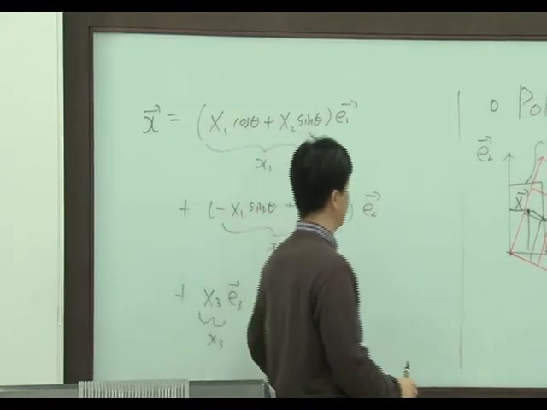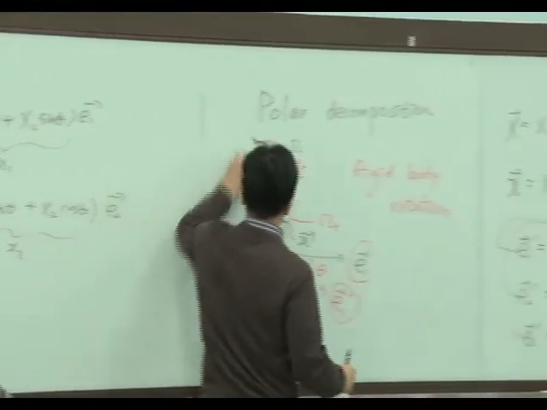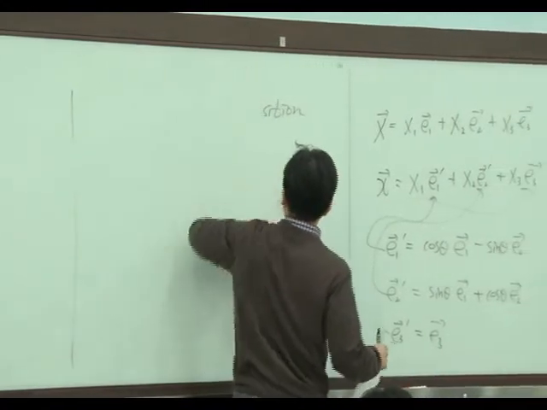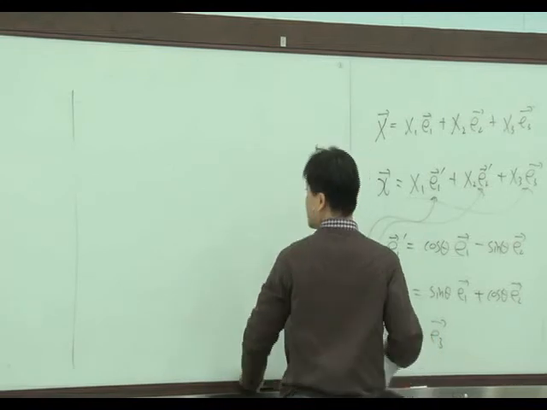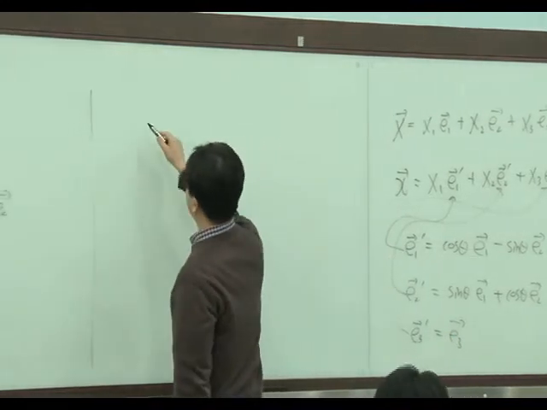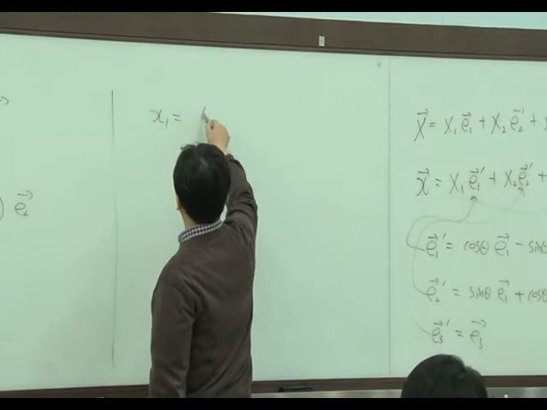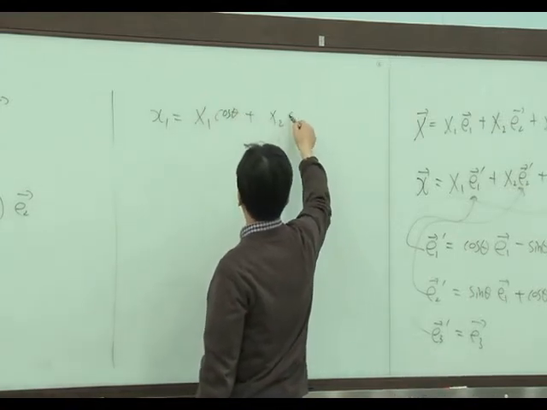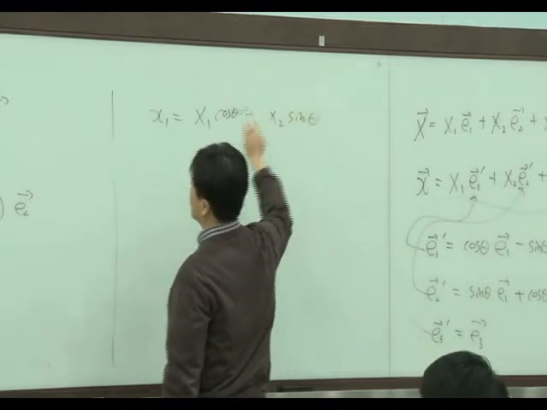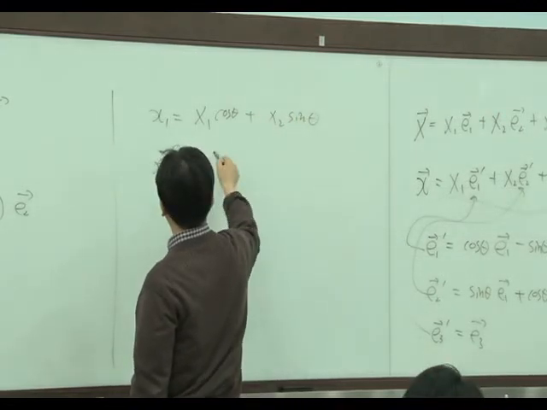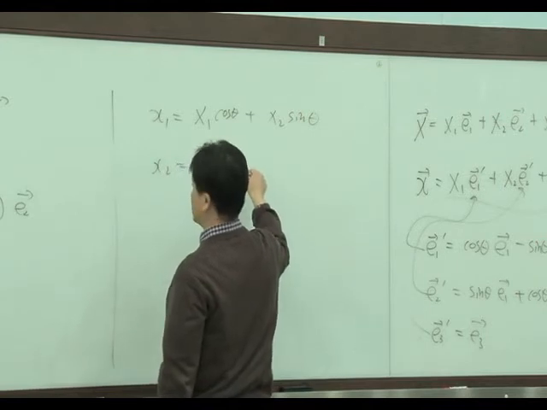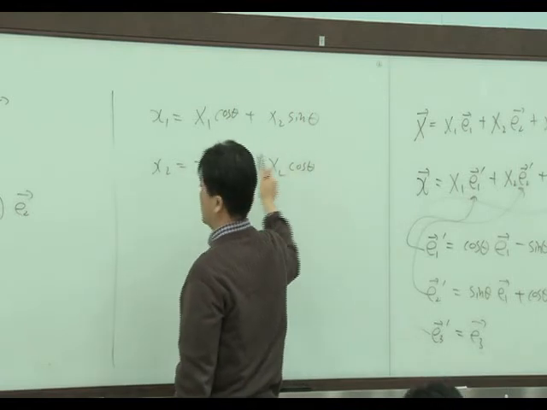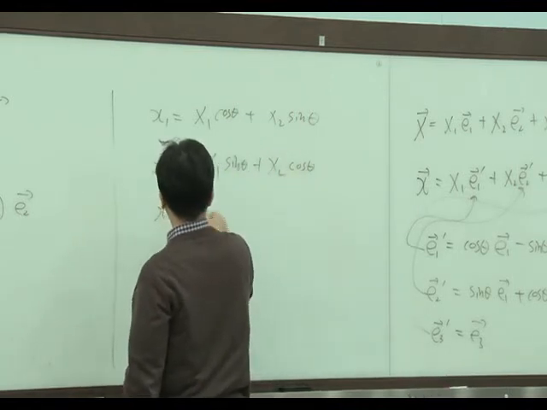So we found out the relation between small x and big X. So x1 equal X1 cosine zeta plus X2 sine zeta. x2 equal minus X1 sine zeta plus X2 cosine zeta. x3 equal X3.